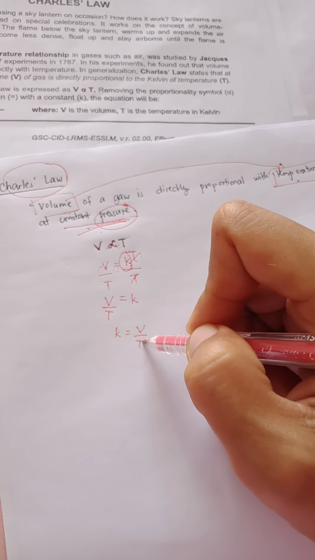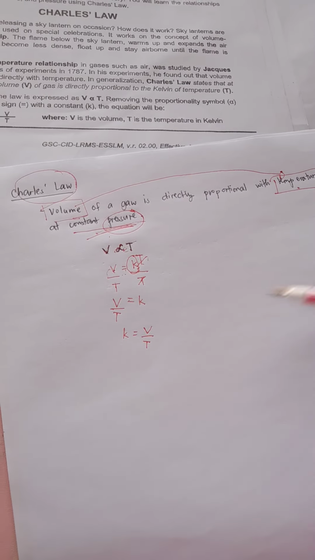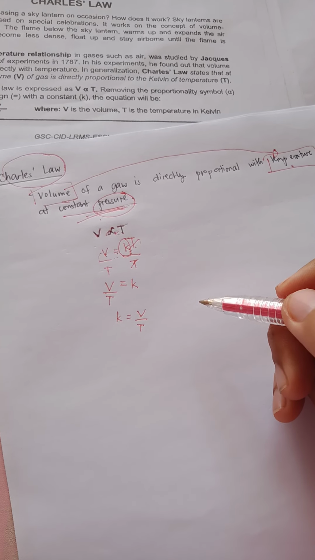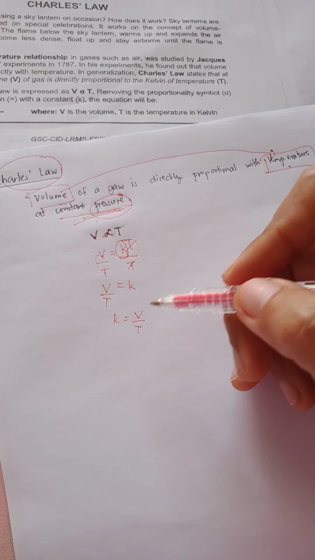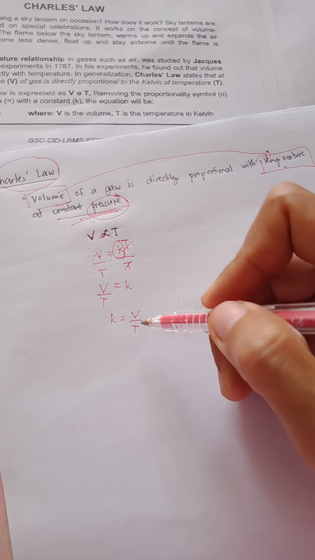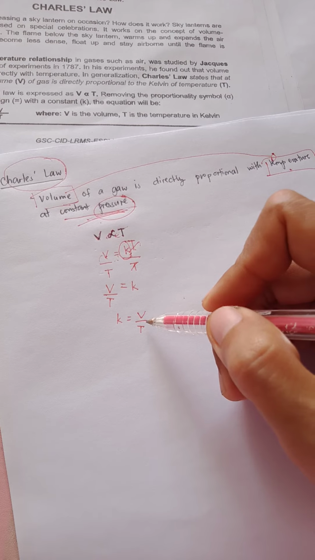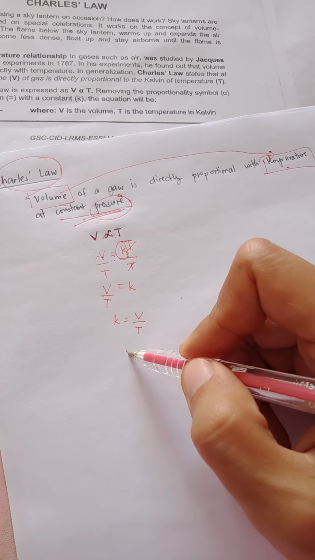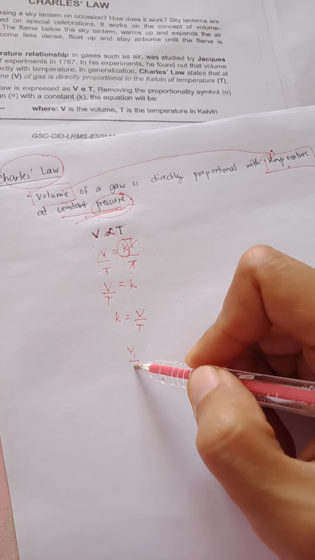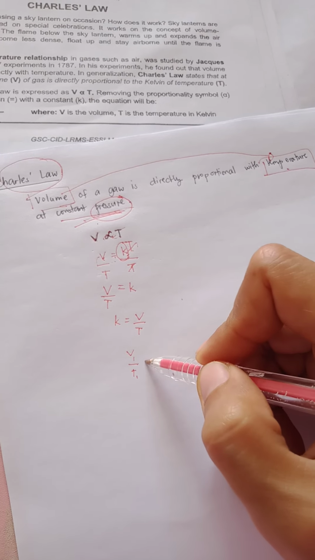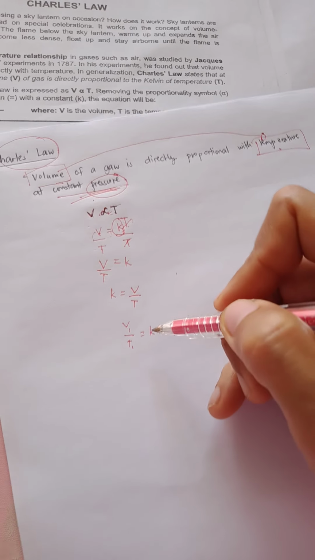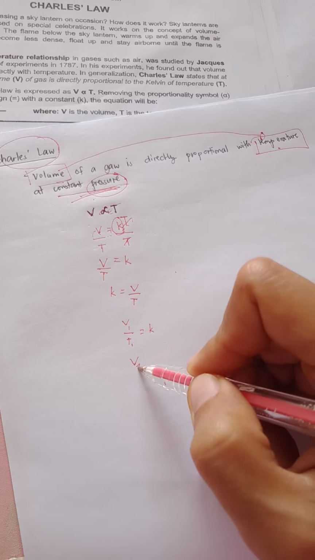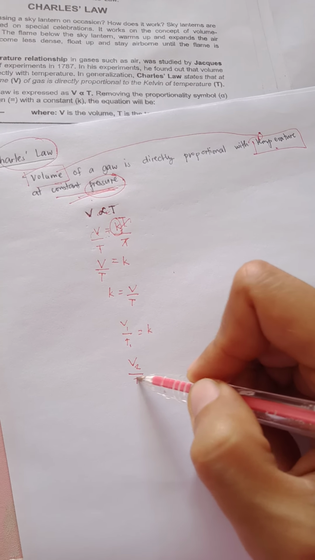Now, in the laboratory, we have different setups or trials na ginagawa whenever we measure values of our variables. Say for example, on your first measurement, you got volume and temperature values. So, that is your V1 over T1, which equates to your constant. Now, on the second trial, you got another volume value, which is V2 over T2.